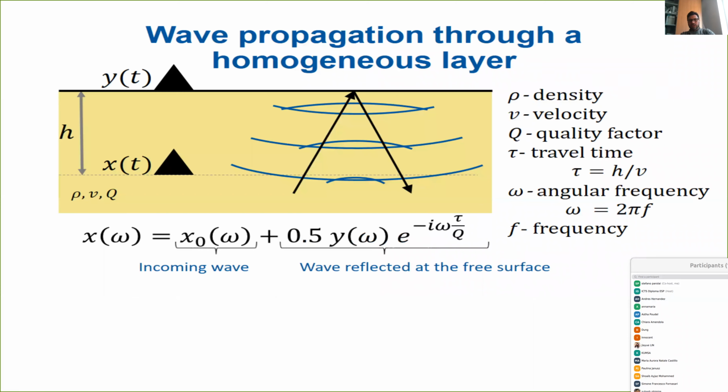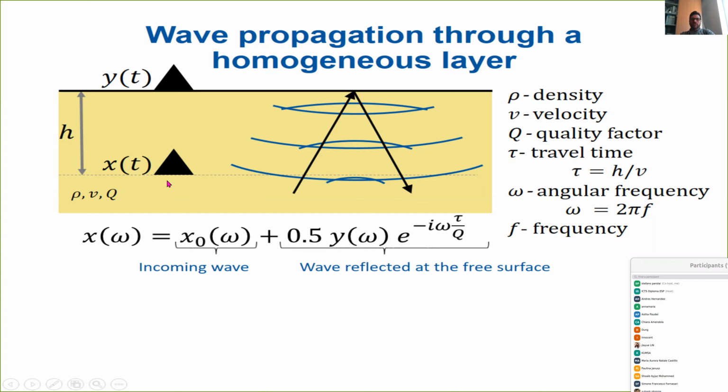So if we try to describe now the propagation of waves in a very simple model, we can assume that we have a sensor which is underground, or let's say at the bottom of our building, and a sensor at the surface, or let's say the roof of a building.